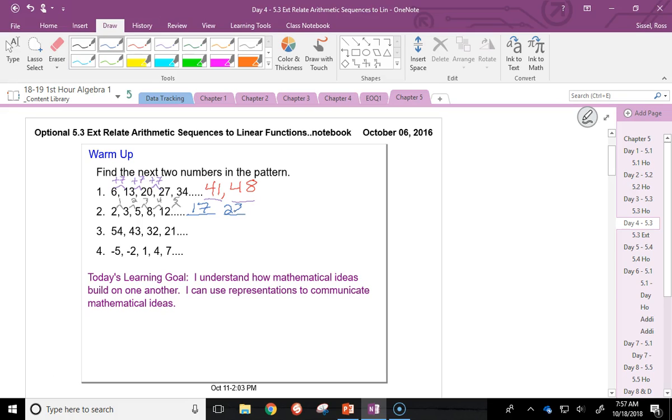54, 43, 32, 21. Rob? What did you get after 21? 10. Isn't it 0? No. It's 10 and then divided by 11. Yeah. Oh, geez.